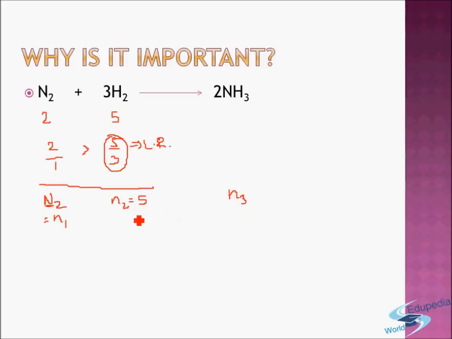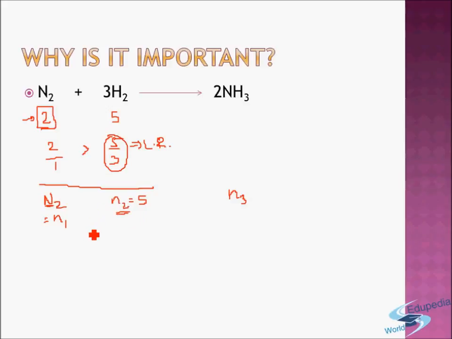Once again, if I have 5 moles of hydrogen in the container, then how much nitrogen is required for complete consumption, and how much ammonia will be formed after complete consumption of both the reactants. We do not need to worry about how many moles of nitrogen I actually had, because they were in excess. So this is not relevant now. We only care about hydrogen.